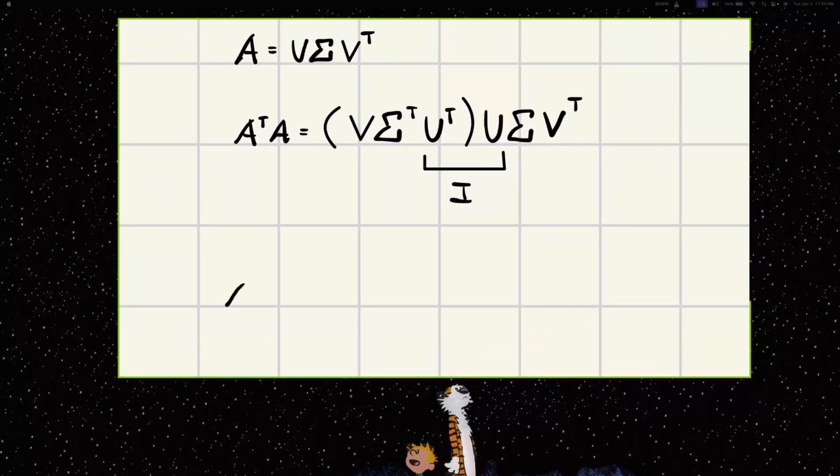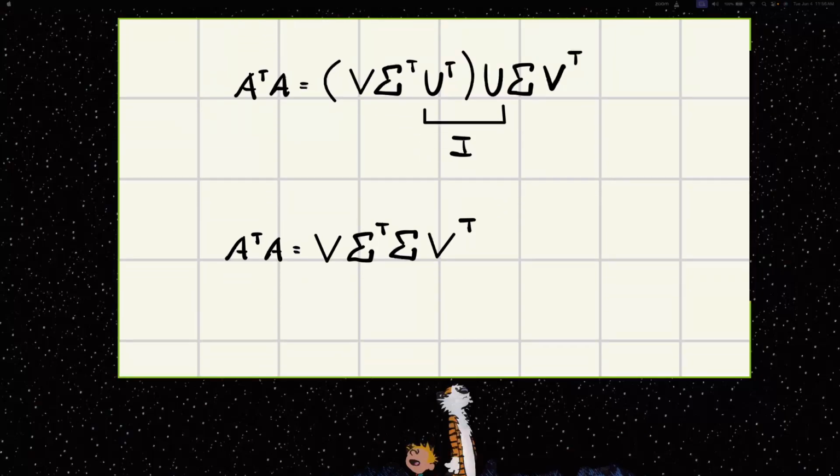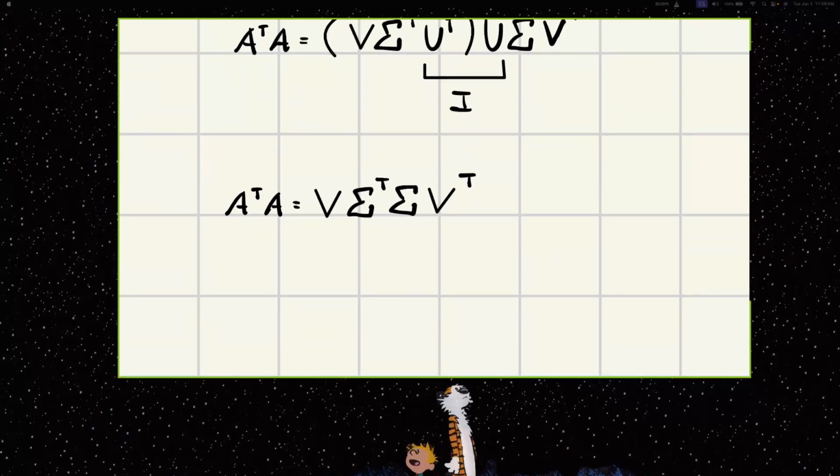And so we'll be left with the fact that A transpose A is just V times sigma transpose times sigma times V transpose. And now we're just left with our diagonalization form, something that we've seen before, or at least I hope you've seen before. So this is A transpose A.